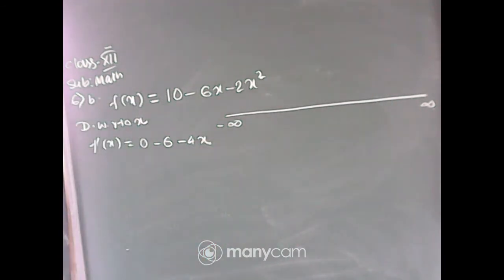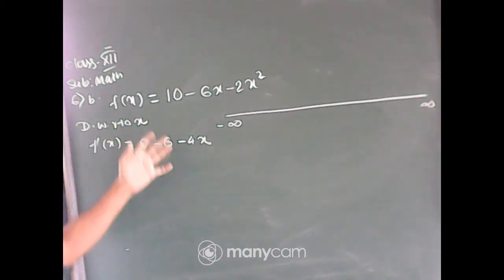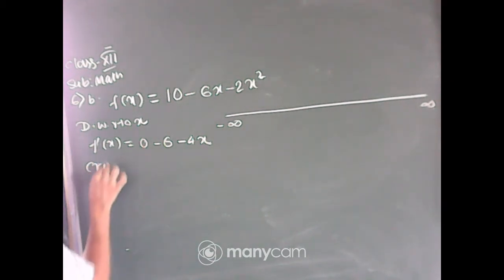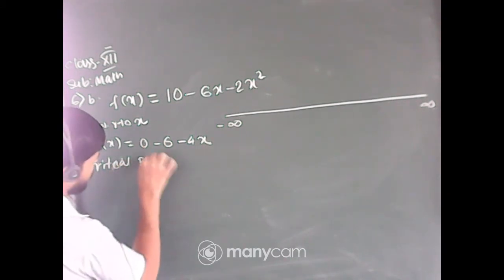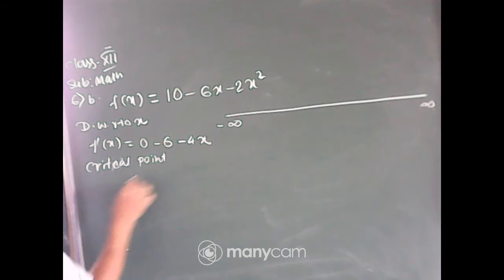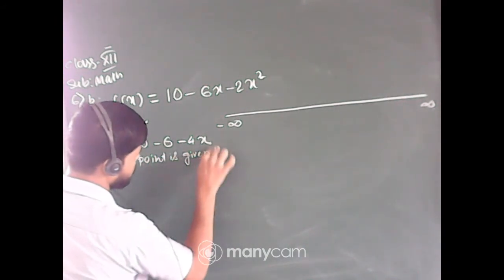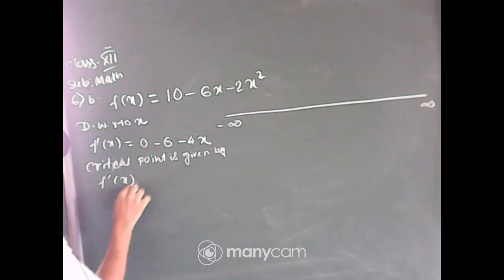Okay, now we know that the critical points of any function are given by dy/dx equal to 0. So the critical points are given by f'(x) is equal to 0.